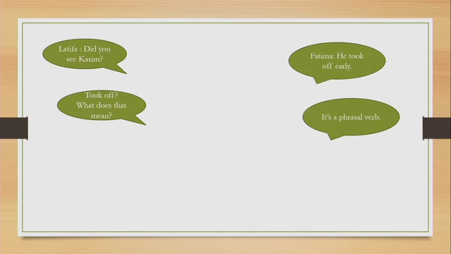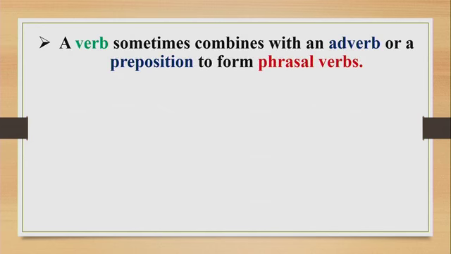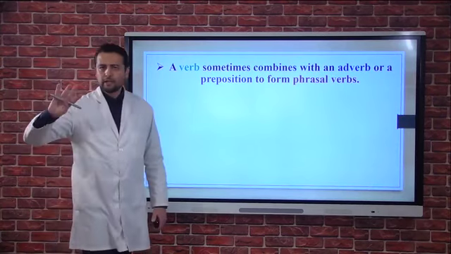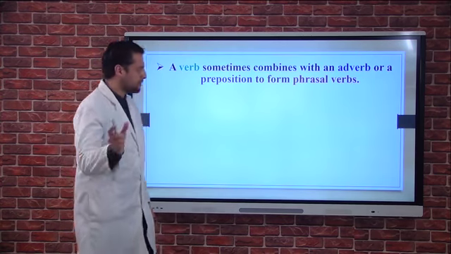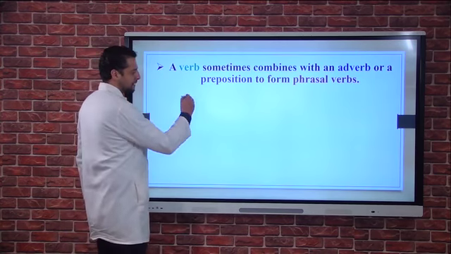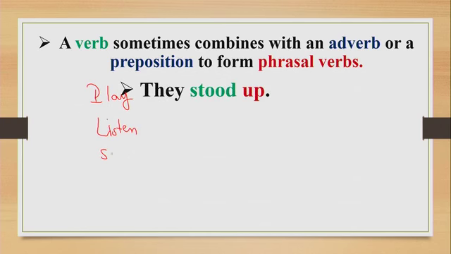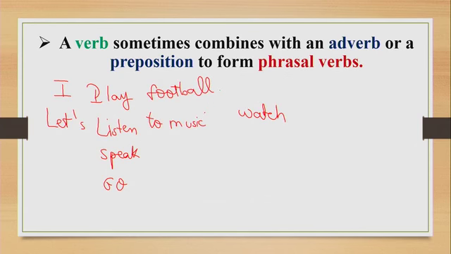A verb sometimes combines with an adverb or a preposition to form a phrasal verb. In general, in English, we have verbs like play, listen, speak, go, watch. For example, we have the verb play.